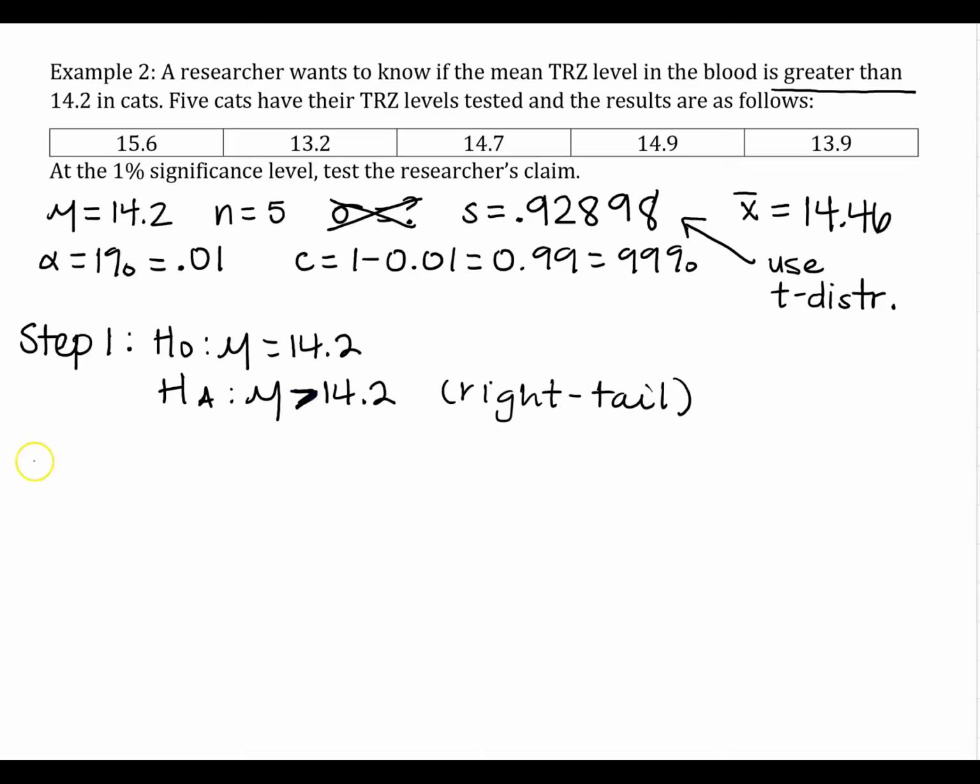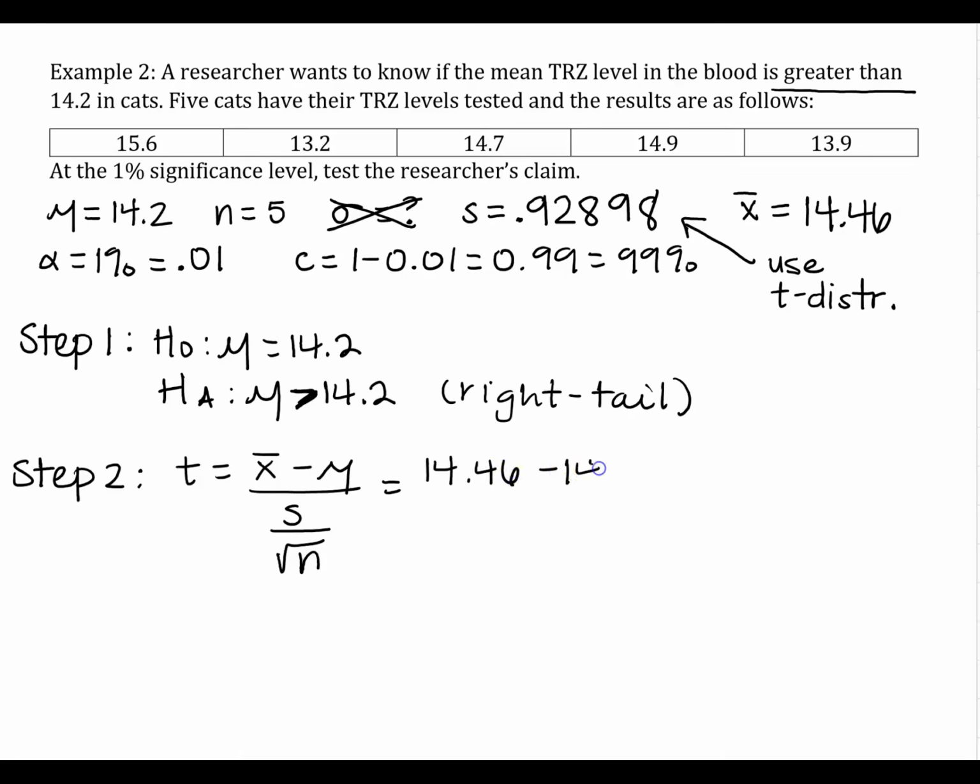For step 2, we will now calculate our test statistic using the formula that t is equal to x bar minus mu divided by s divided by the square root of n. So this formula has the s in it now instead of the sigma. Our x bar we got from the calculator of 14.46.